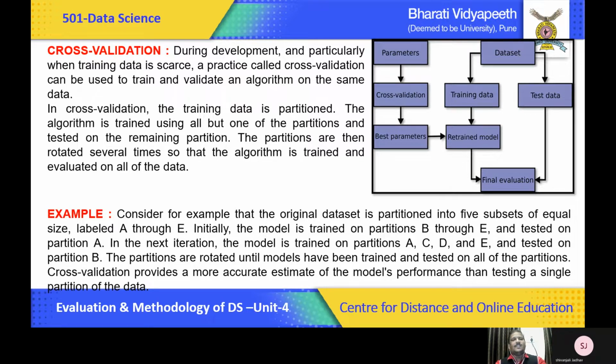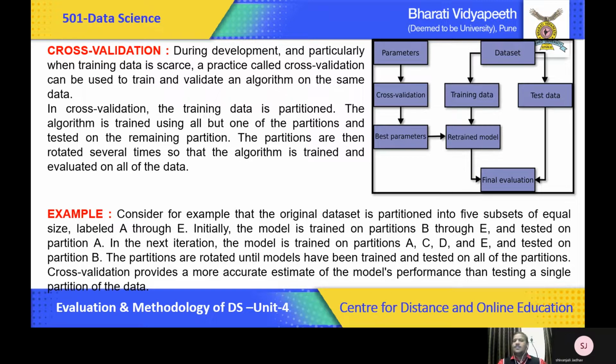In cross validation, the training data is partitioned. We have to separate it. You have to set different groups. Suppose a set having 1, 2, 3, 4, 5, 6 till 10, and we can make different groups like 1, 3, 5, the odd numbers, and even numbers. Similar kinds of groups or different partitions you can make.